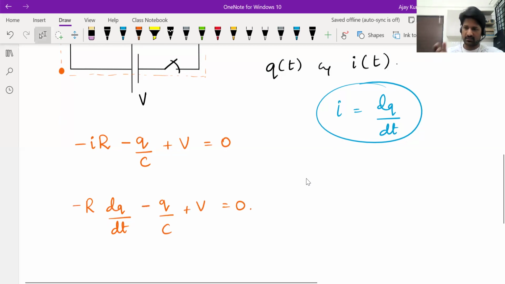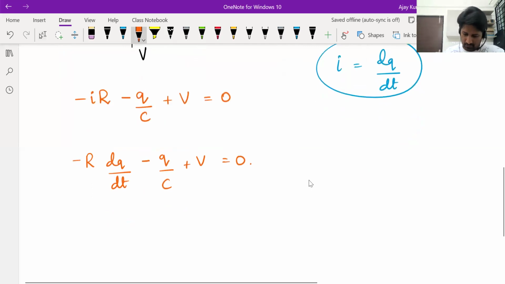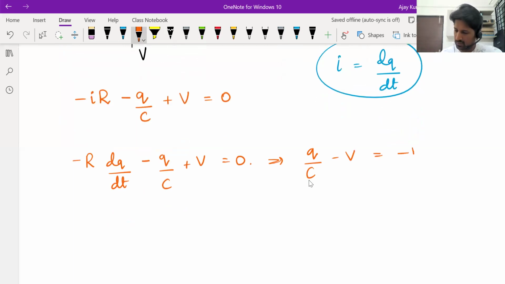No? So we have to keep charge terms on one side, time t terms on the other side. Let us do that. So if you send q by C to the other side, you get q by C minus V is equal to minus R dq by dt. Or the left hand side, I'll write it as q minus CV divided by C. Simple derivation only.